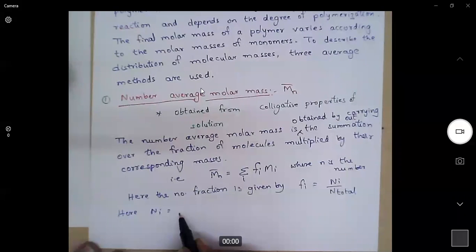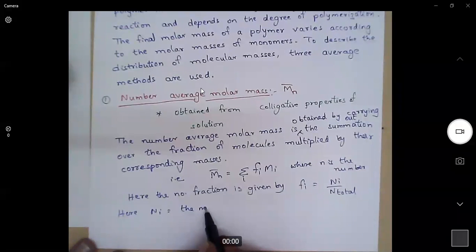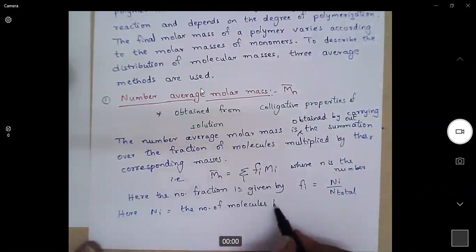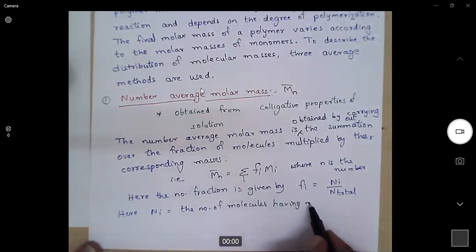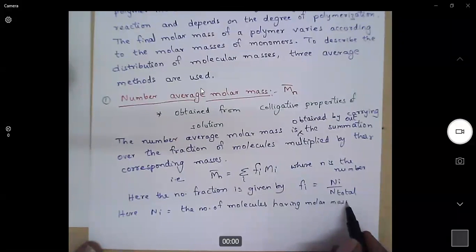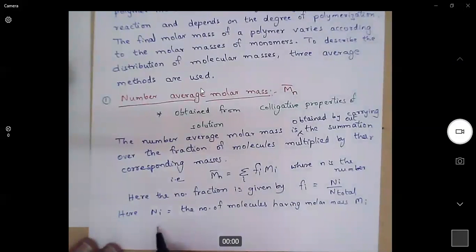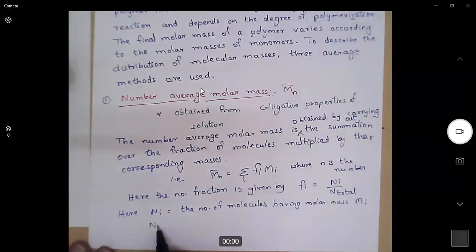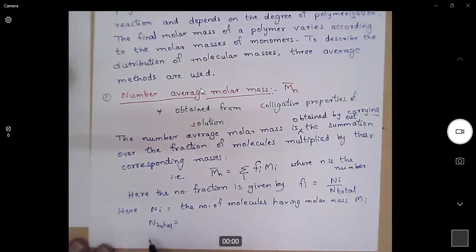Ni by N total. What is Ni? Ni is the number of molecules having molar mass capital Mi. So Ni is a number. Because it is a fraction, it can be obtained by taking the ratio between number and the total number. Number of molecules having the molar mass Mi divided by total number. N total is the total number of polymer molecules.